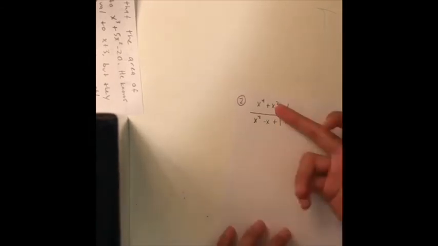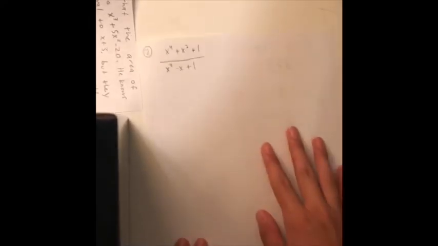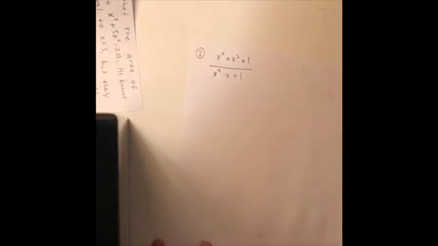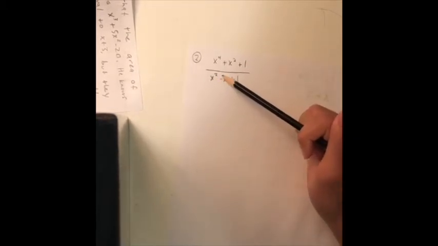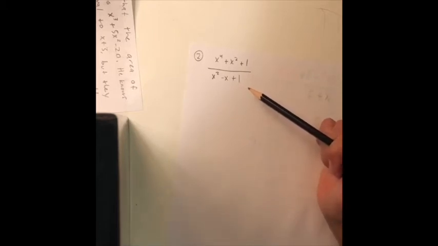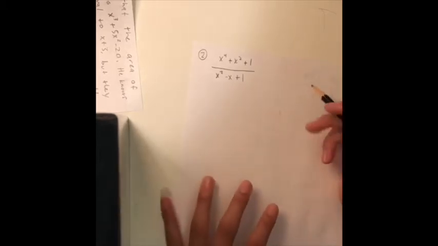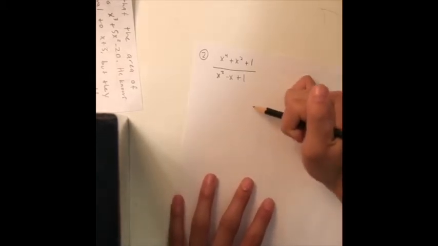Next, for the next problem, this one's a bit more complicated. We're going to be using long division, because you see the x is being squared, and it'd just be too complicated to solve it using synthetic division. So what we're going to want to do first is, instead of making a boat, we're going to make a house, right?